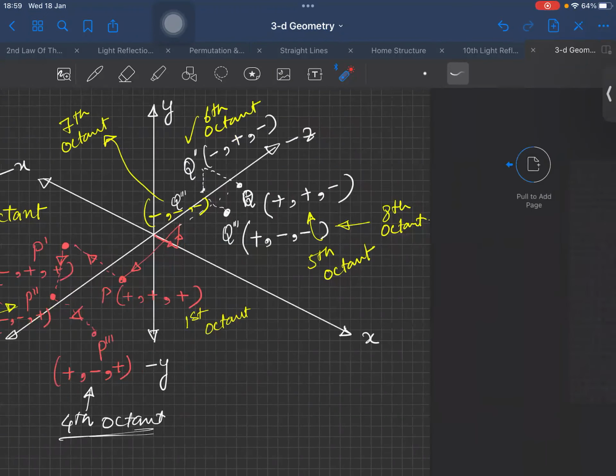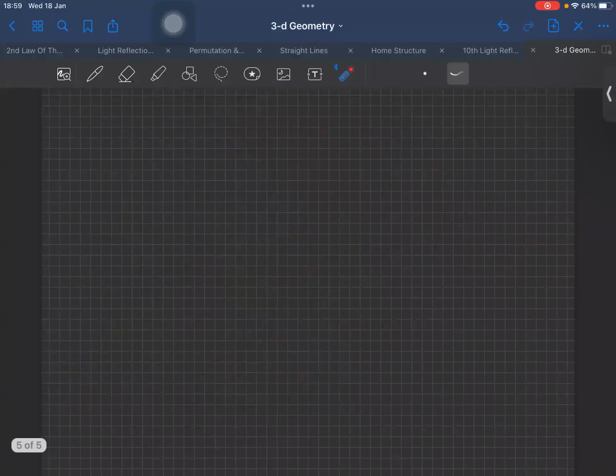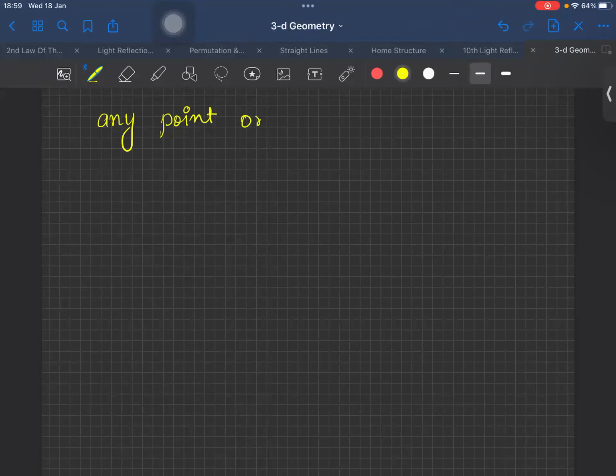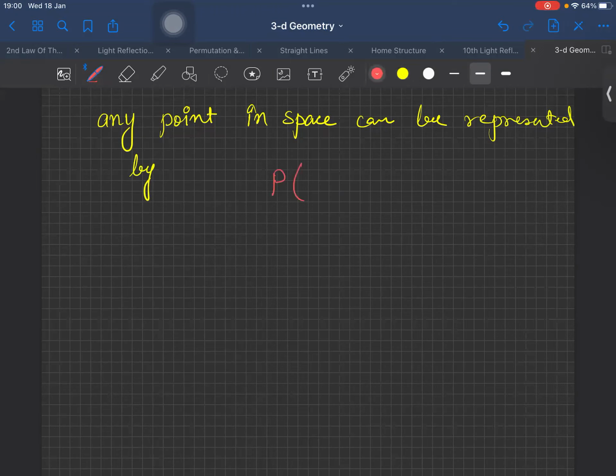Now, any point in space can be represented by, let's say, some point P, which is x0, y0, and z0.